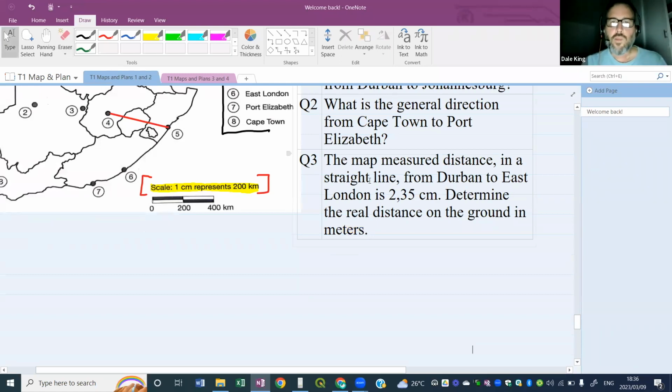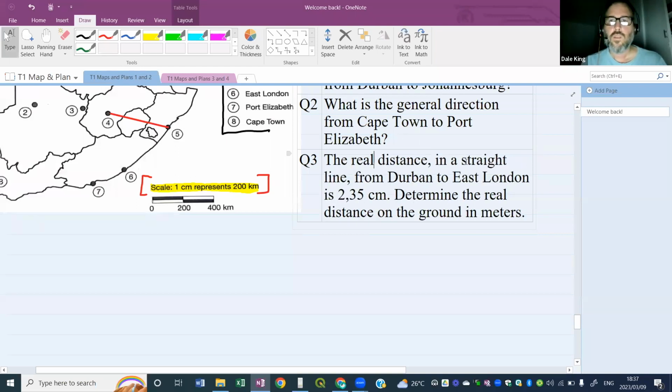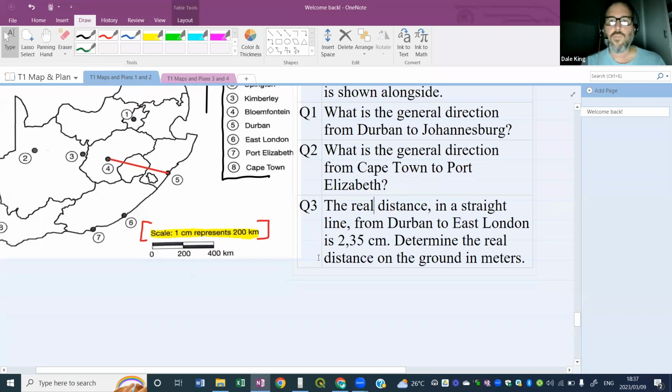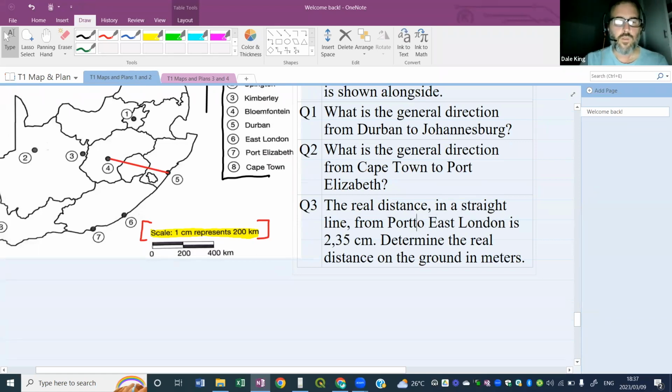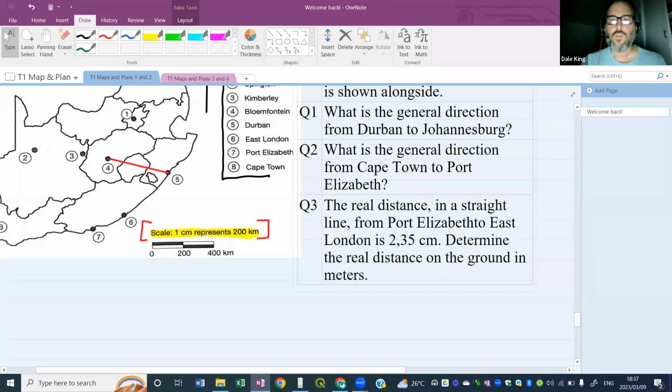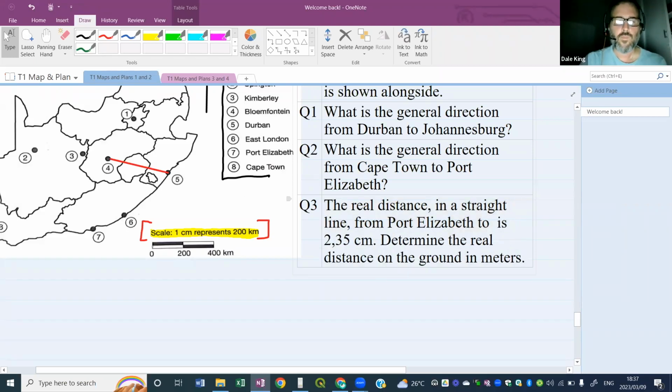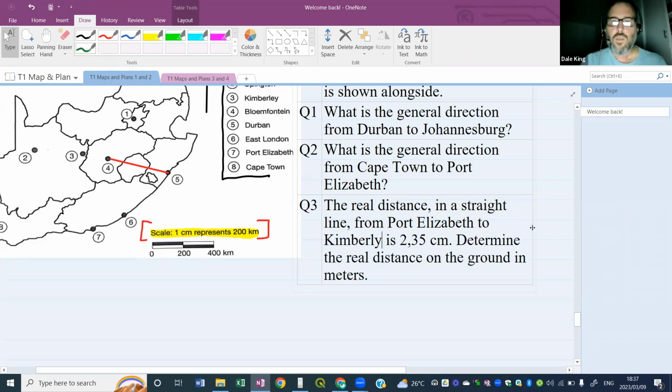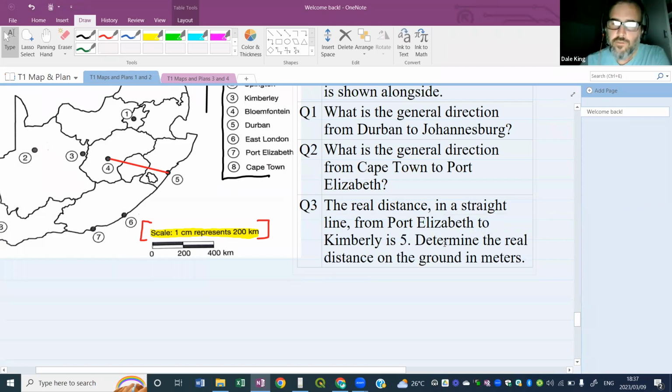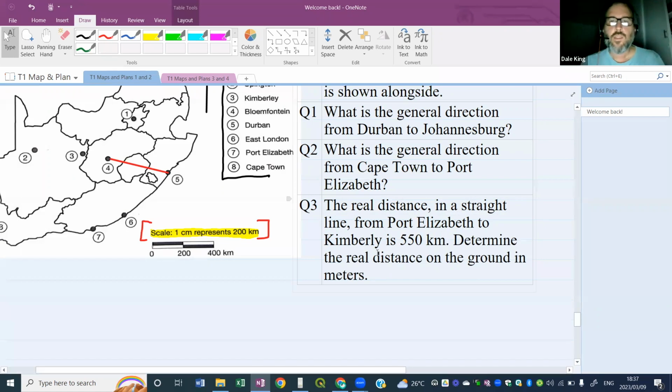So what I'm going to say is the real distance in a straight line from, let's take Port Elizabeth to Kimberley, is 550 kilometers. Determine the map measured distance in centimeters.